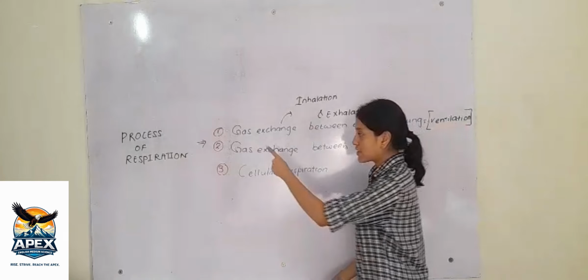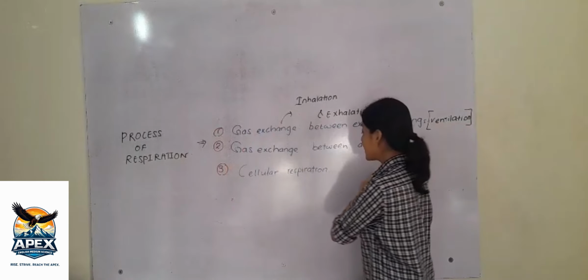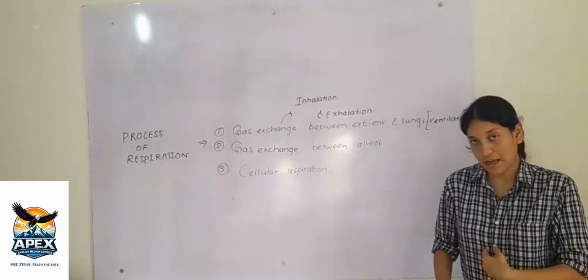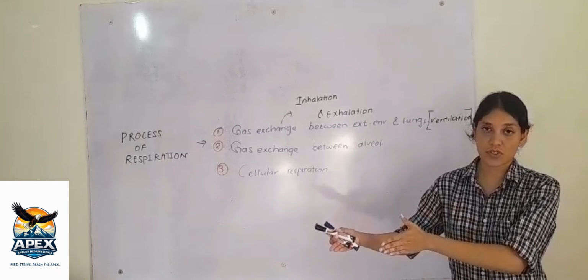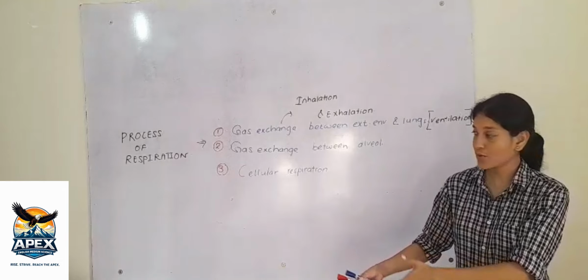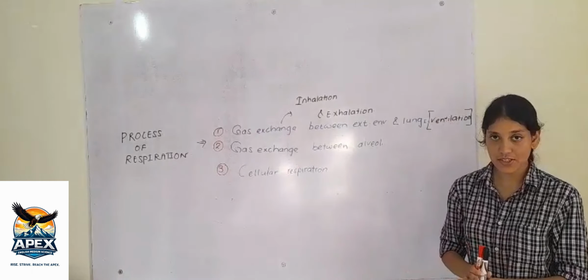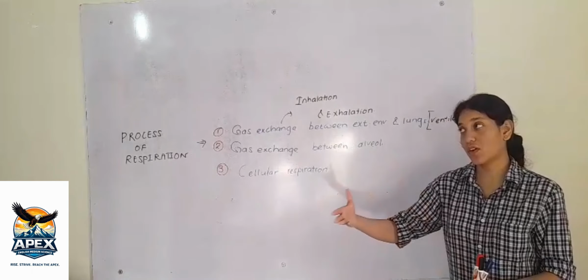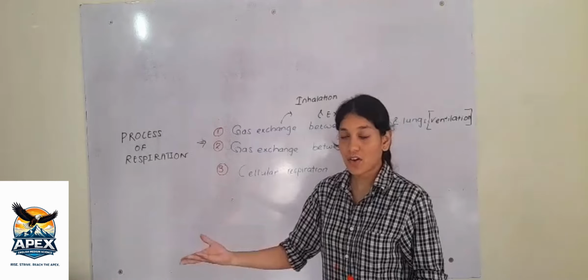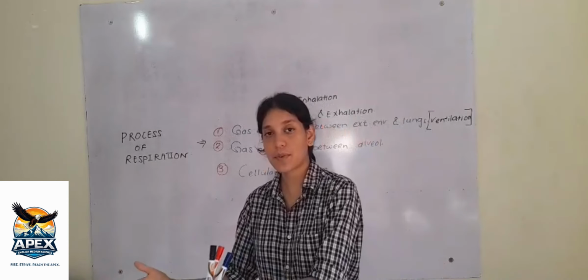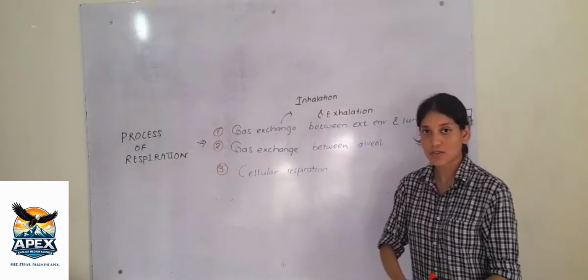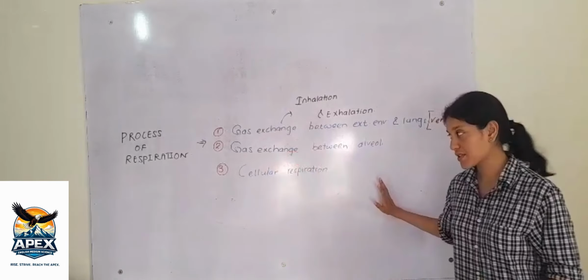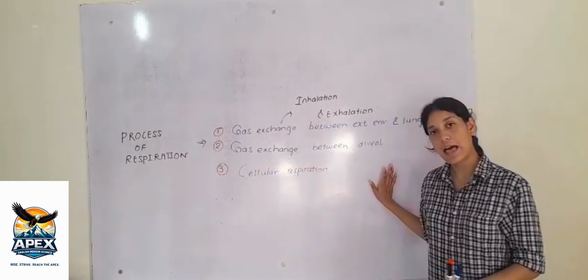As the second stage, the gas that we take into our lungs is going to diffuse into your blood capillaries. And the other gases like carbon dioxide and water vapor are going to diffuse from the blood capillaries into the lungs. So that is your second process, gas exchange between the alveoli.